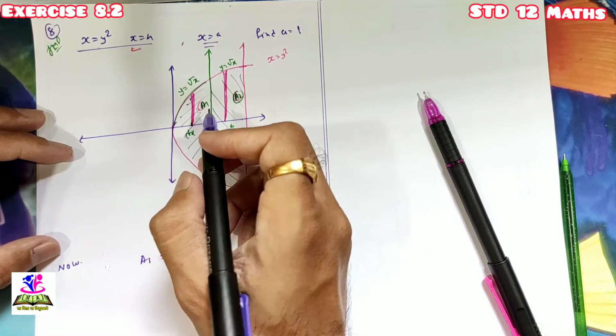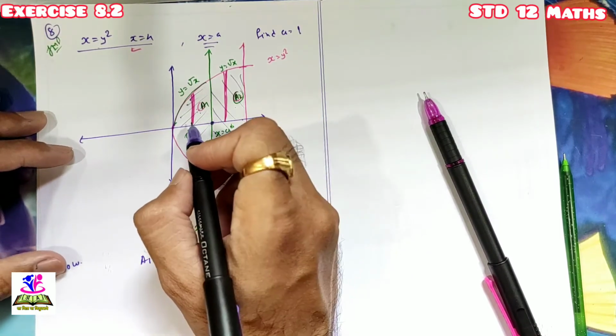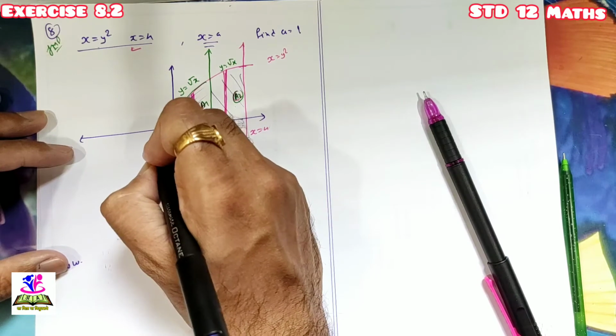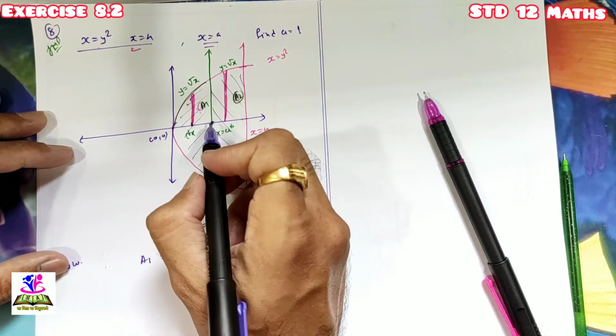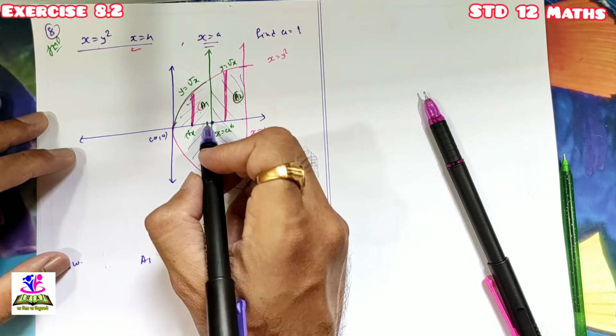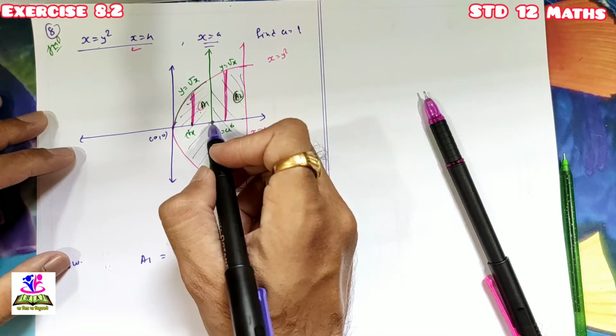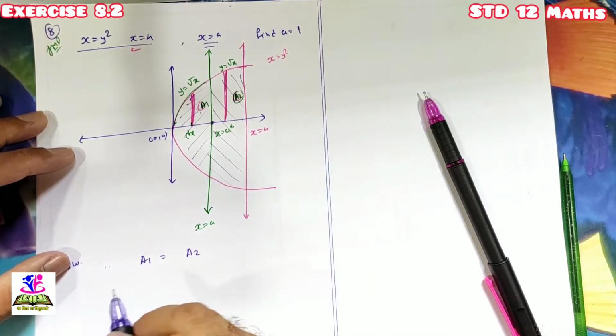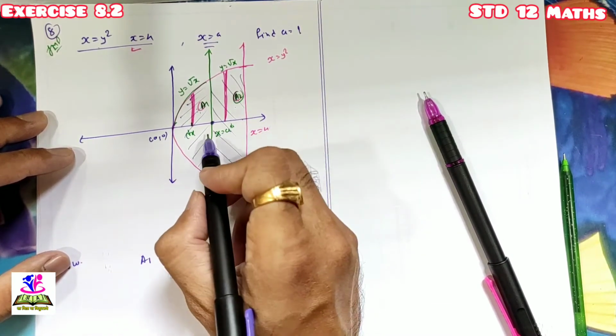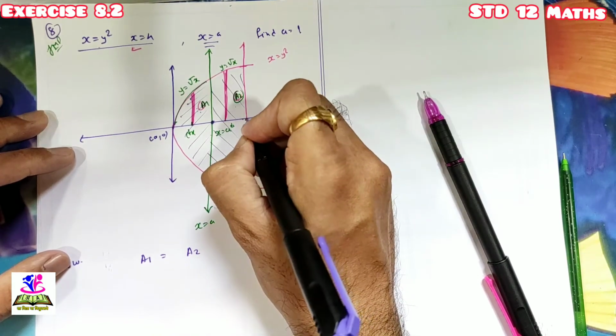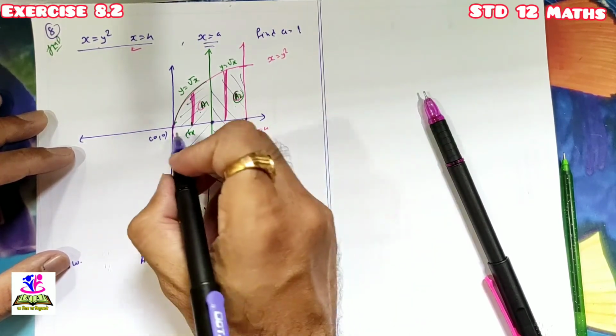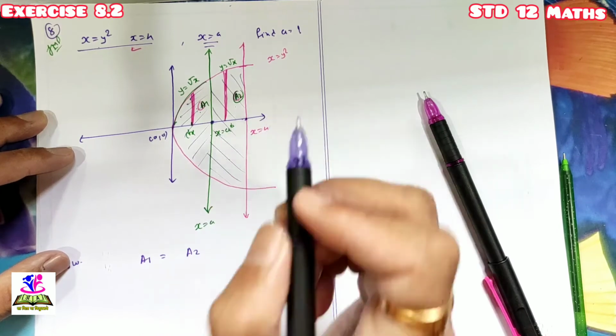Now what is area 1? Area 1 is from the origin 0, 0 to this point. First you have to find the coordinates of this point A, or you can say it's a that you have to find. So A1 equal to A2. तो ये 0 से a होगा और a से यहाँ तक ये कौन सा पॉइंट होगा, 4. So limits are 0 to a and a to 4.